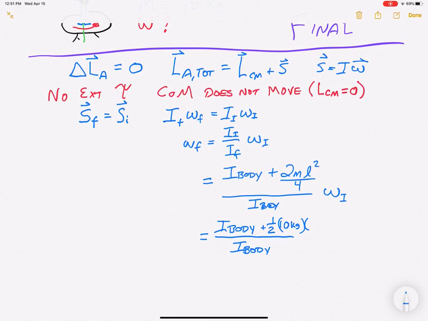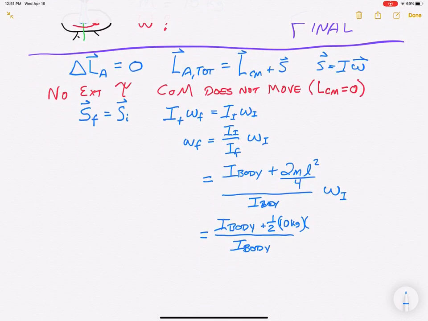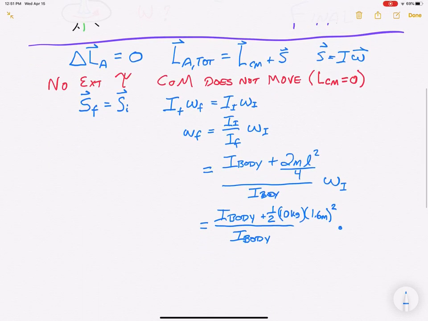Oops, that should be squared. And the length of 1.6 squared. All this times our initial omega, which we put at 15 rads per second.